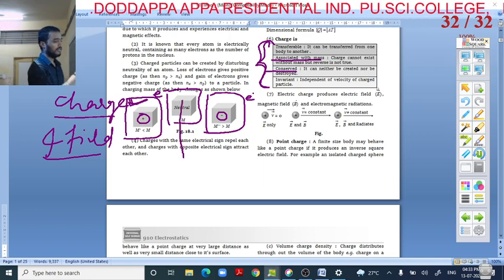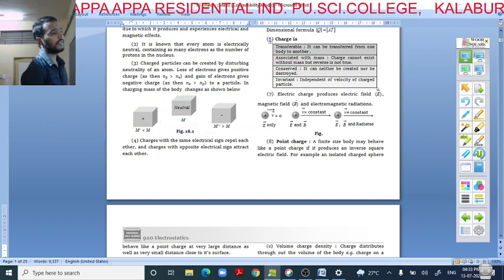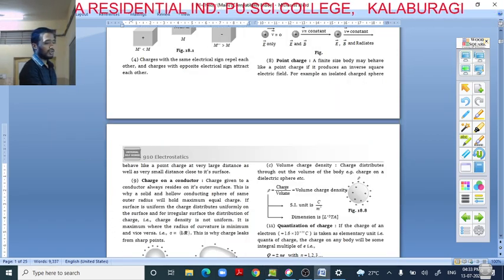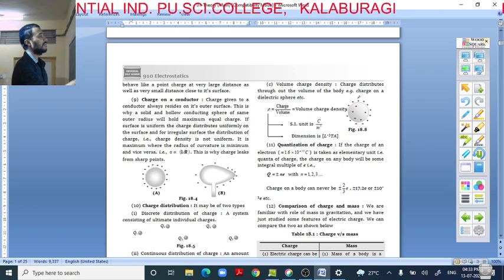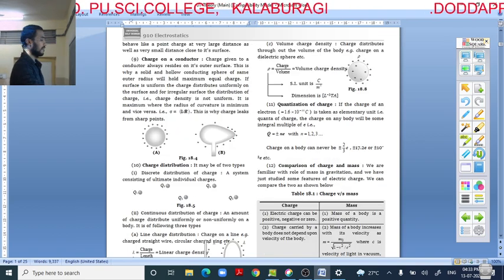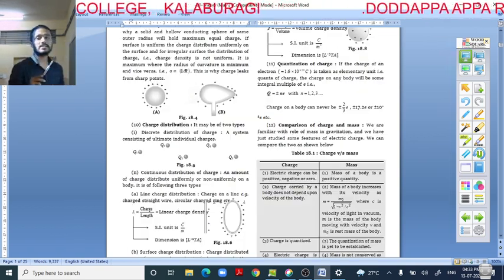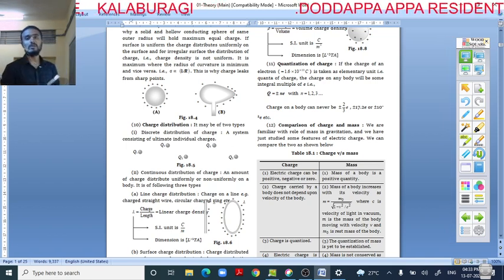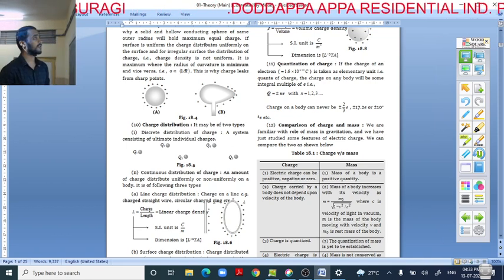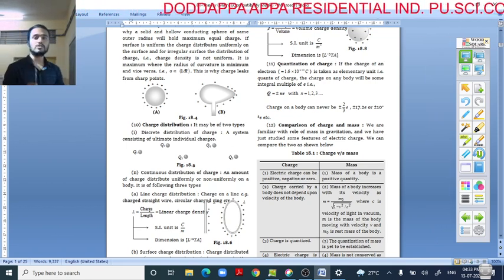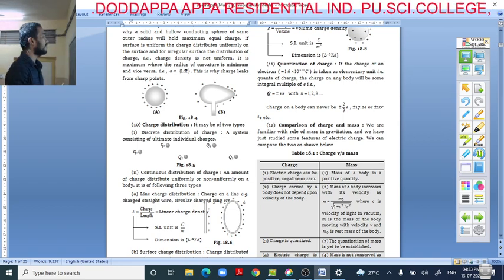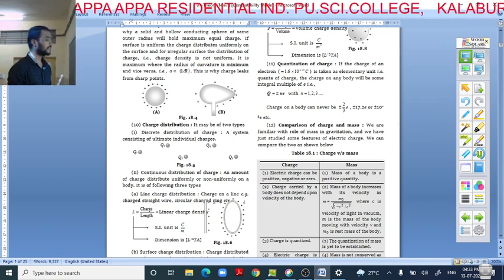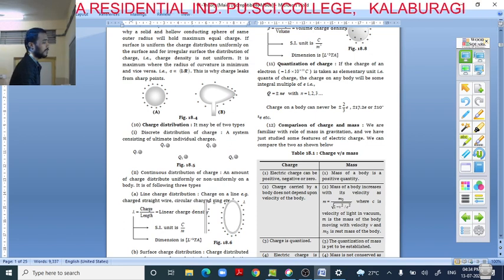Now, here you may concentrate on how the charges are distributed on different shapes of bodies. Based on the distribution of charge on the body, we have divided it into three types.